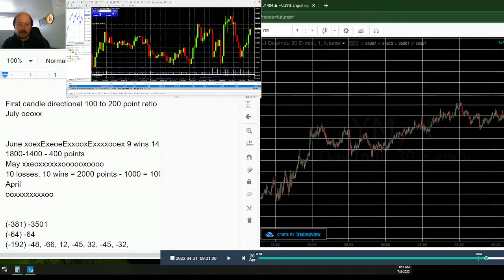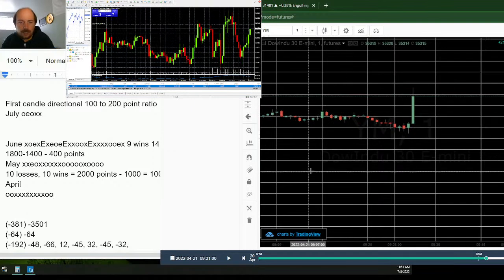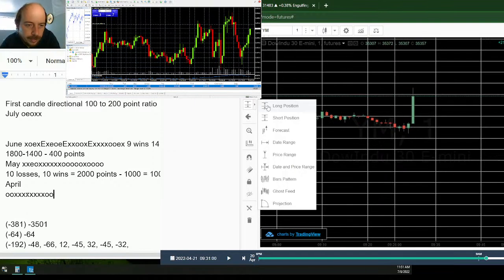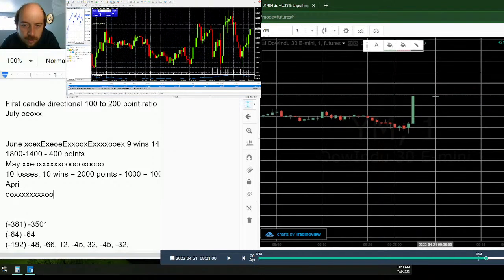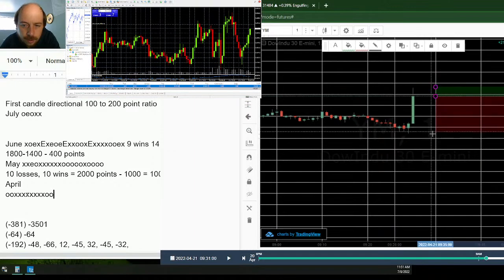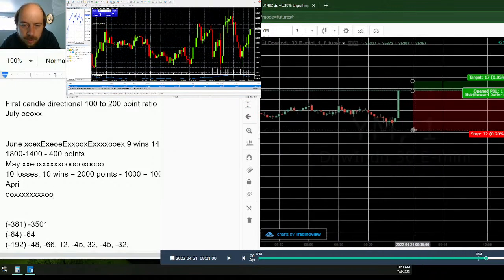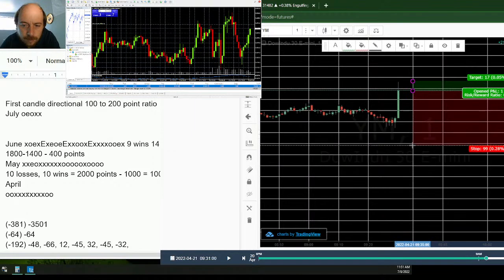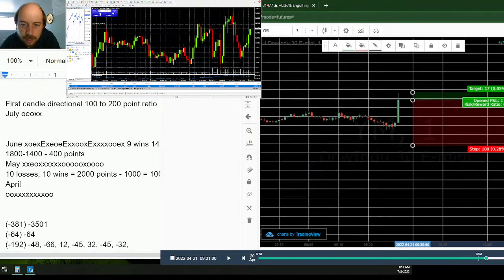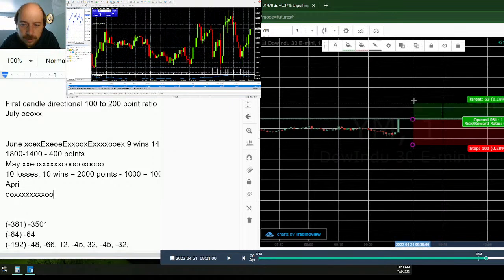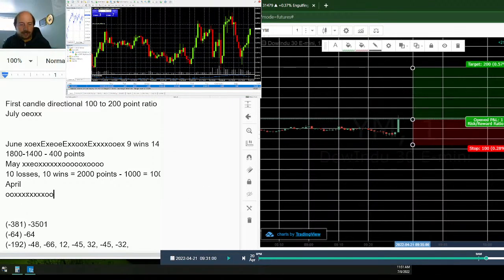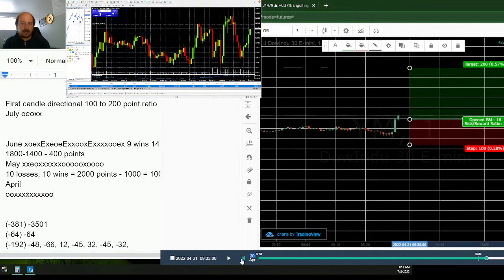Oh my goodness, another huge green candle. Alright, April. Okay. 100 points. And 200 points. Okay. Let's see what happens here.